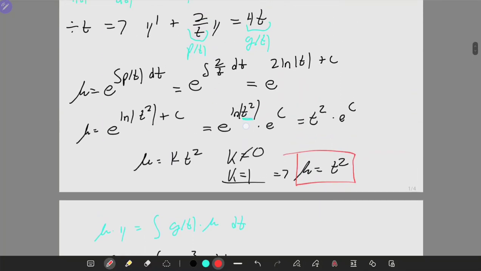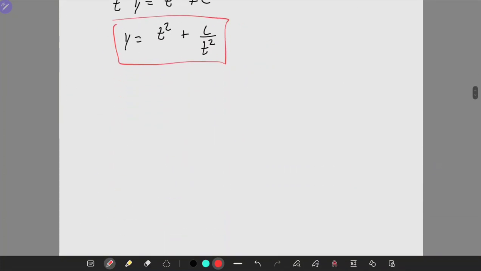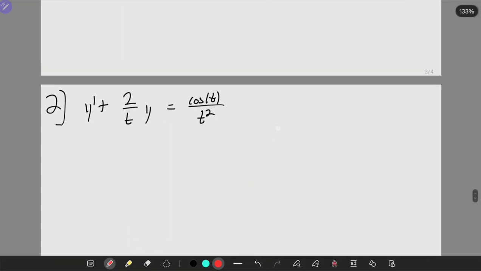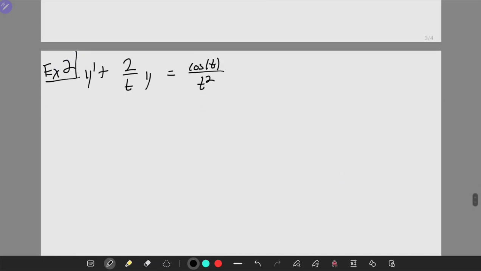This is a non-initial value problem though. I would like to look at one initial value problem. So let's come down here. Here's example 2. Oh, wait a minute.